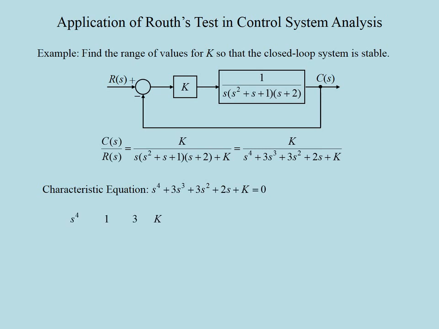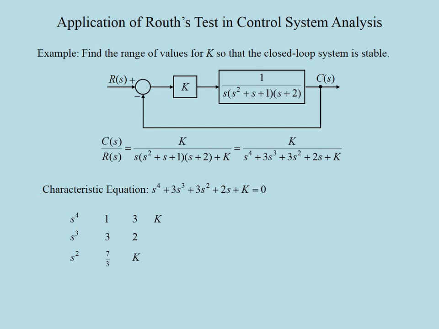The first row is 1, 3, k. The second row is 3 and 2. The first element of the next row is (3 times 3 minus 1 times 2) divided by 3, that is 7 divided by 3.